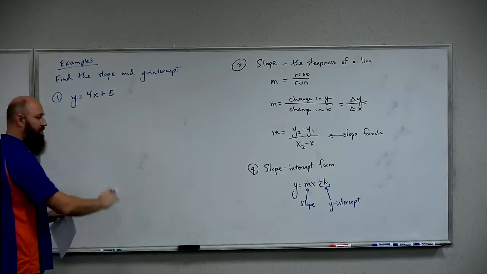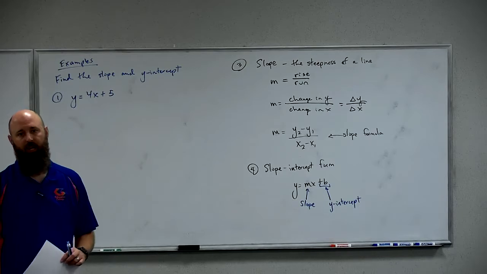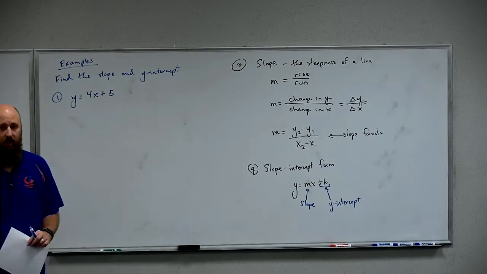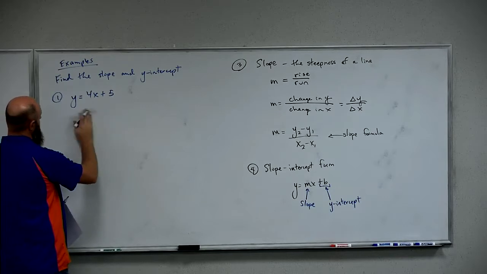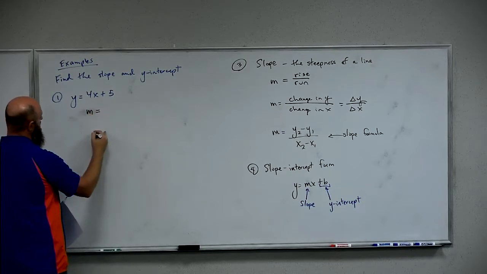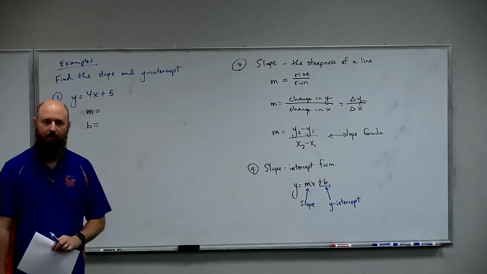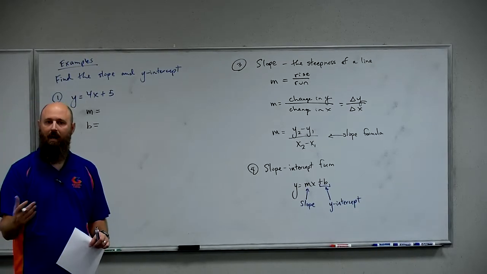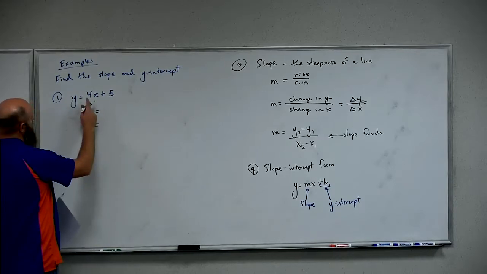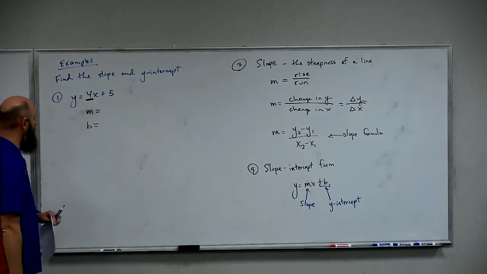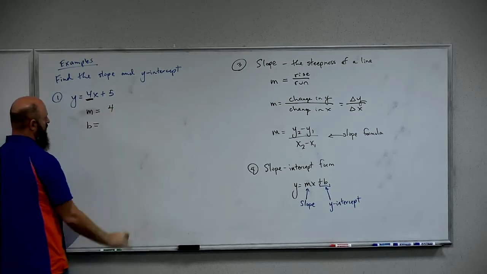Now, in order to find our slope and our y-intercept, it must be y equals and then the rest of our equation. Since we have that, I can jump straight to my answer. I want my slope, m, and my y-intercept, b. I'm going to use m and b for that. The computer may write out slope, it may write out y-intercept, but it's the same thing. So my slope is the number in front of the x. No matter where the x is, it's the number in front. So that's 4.